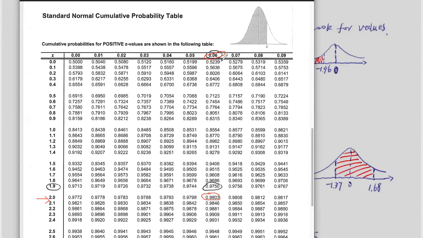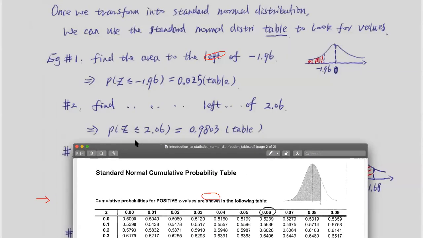That's very, very important. So we can find the corresponding probability to the left is 98.03%. That's the probability we are looking for. So we can answer the question now: the probability to the left of 2.06 is what?